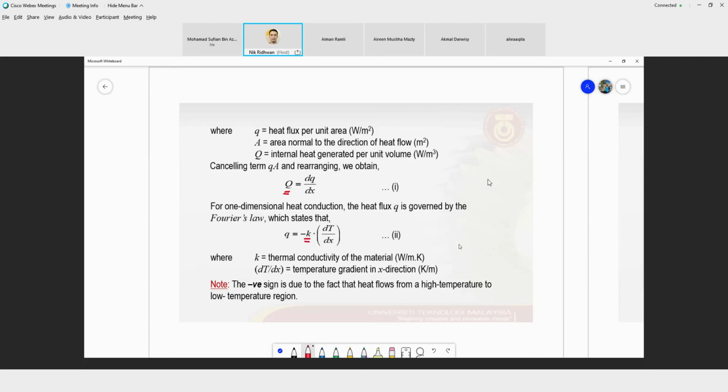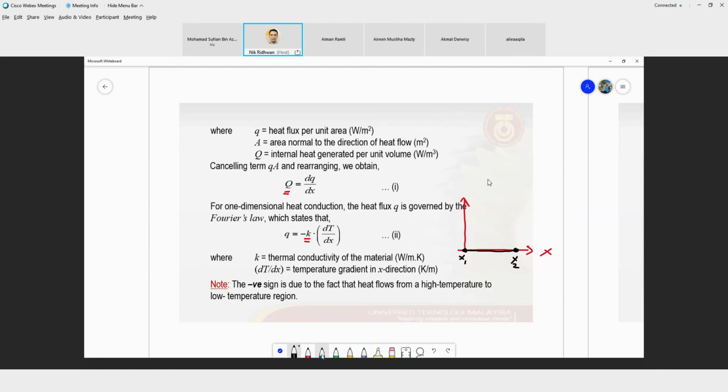So let's say I have the distance x here, and then I make measurements. Let's say I have the rod which is spanning from this to this distance only, from x1 to x2, and then I measure the temperature along this segment or rod.